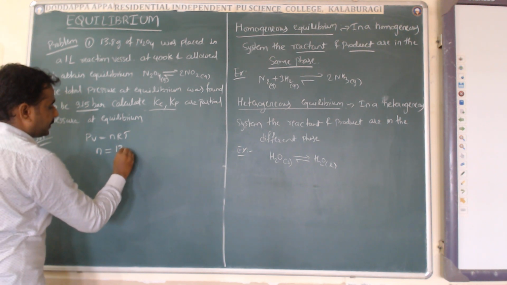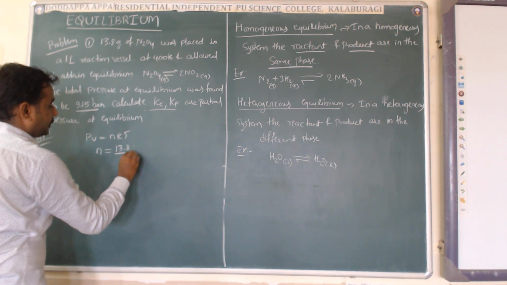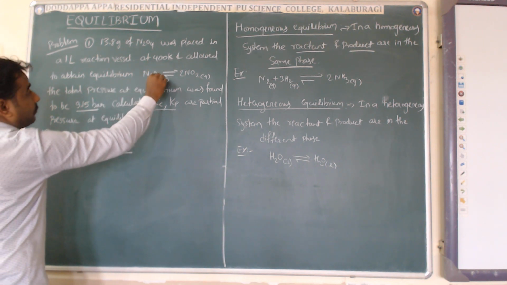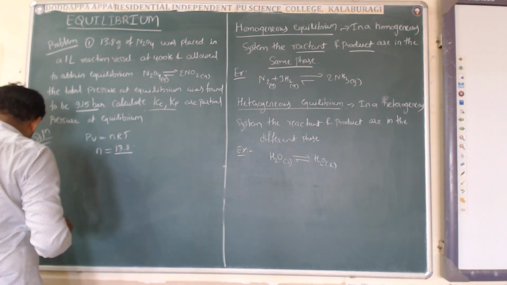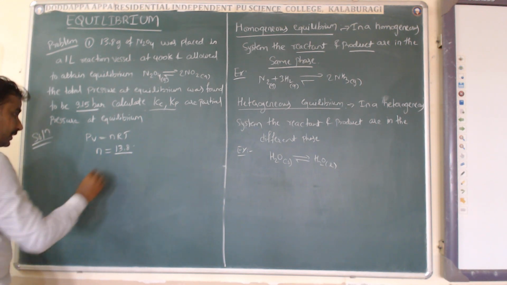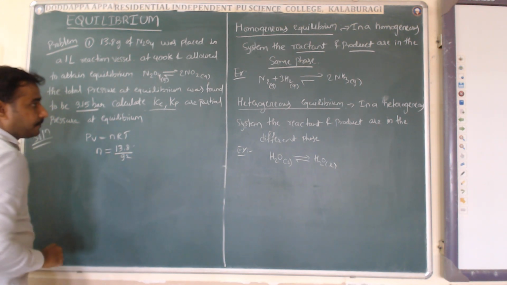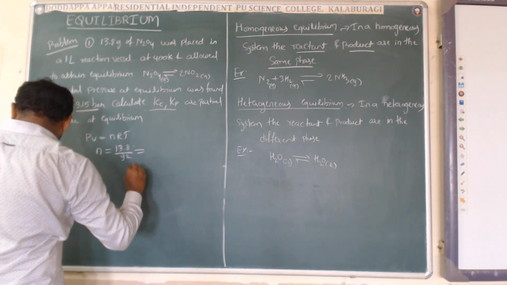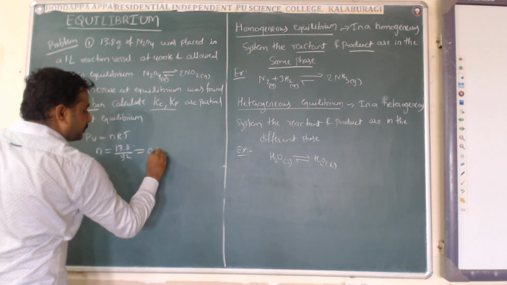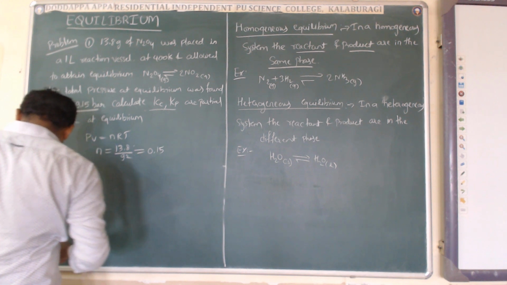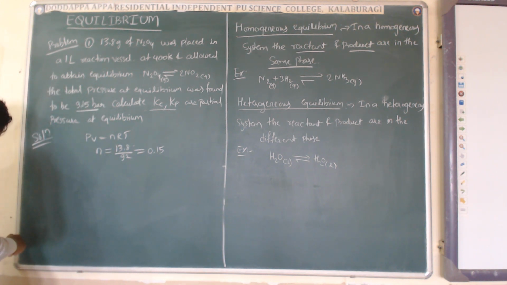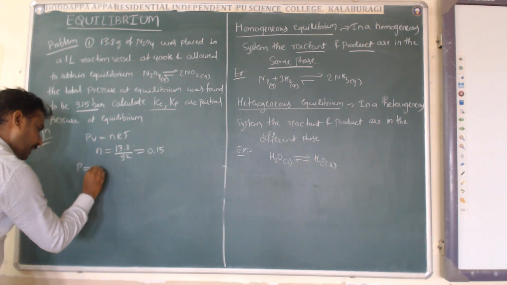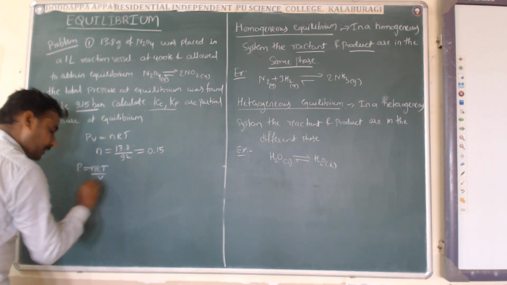Given mass, 13.8 gram, divided by the molecular mass of N2O4, which is 92. Then it gives 0.15 moles.